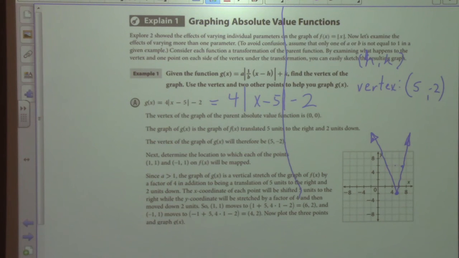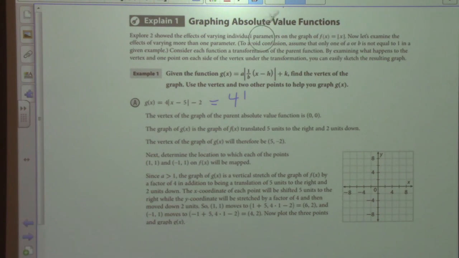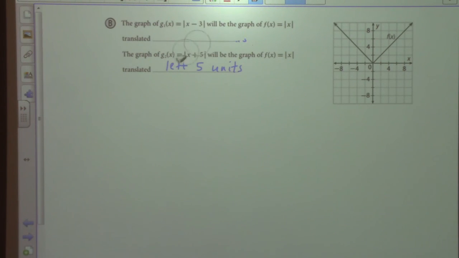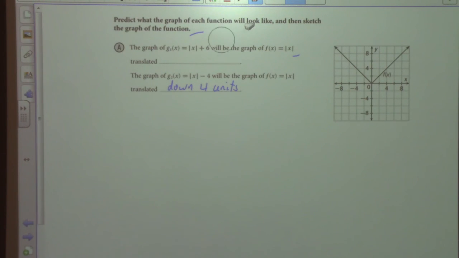Let me erase this here. Oops. Make sure I have everything else zeroed out here. Yeah, I think you can get this out of here.